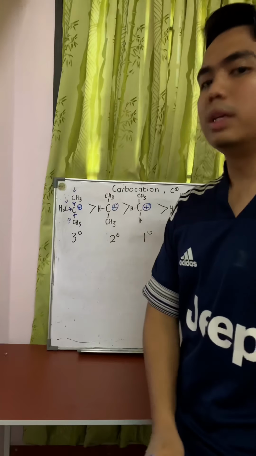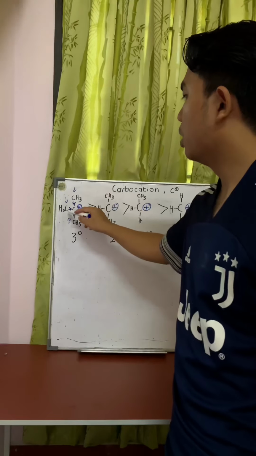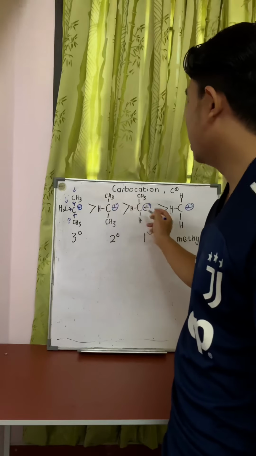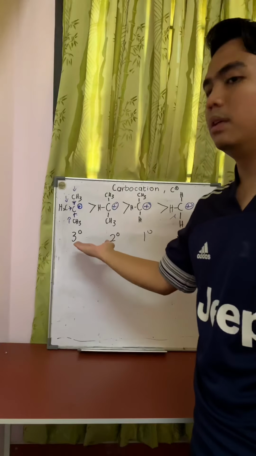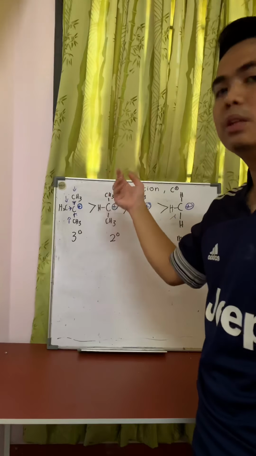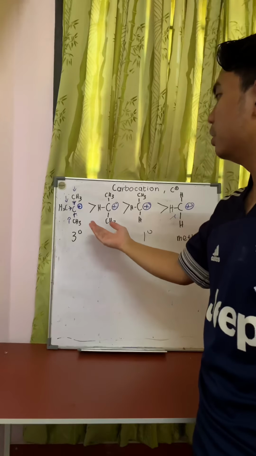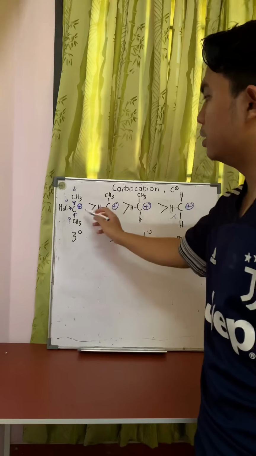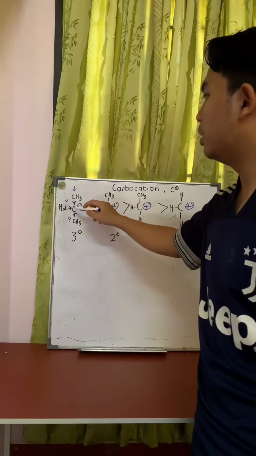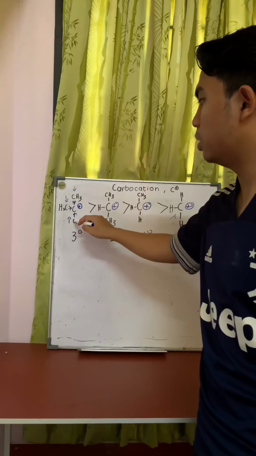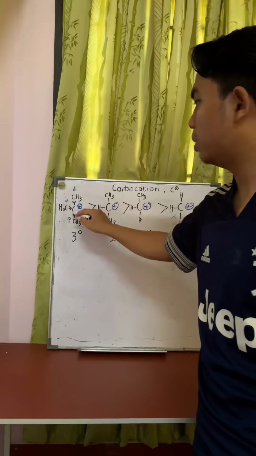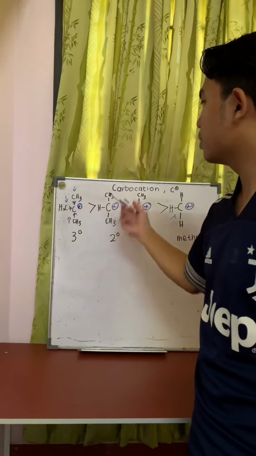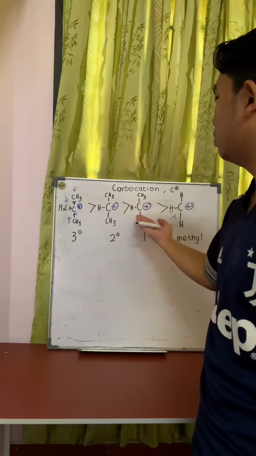Here we have 3 sources, here 2 sources, and here only 1. The inductive effect will stabilize the carbocation. The 3 sources push electrons towards the carbocation, while secondary has only 2 and primary only 1.